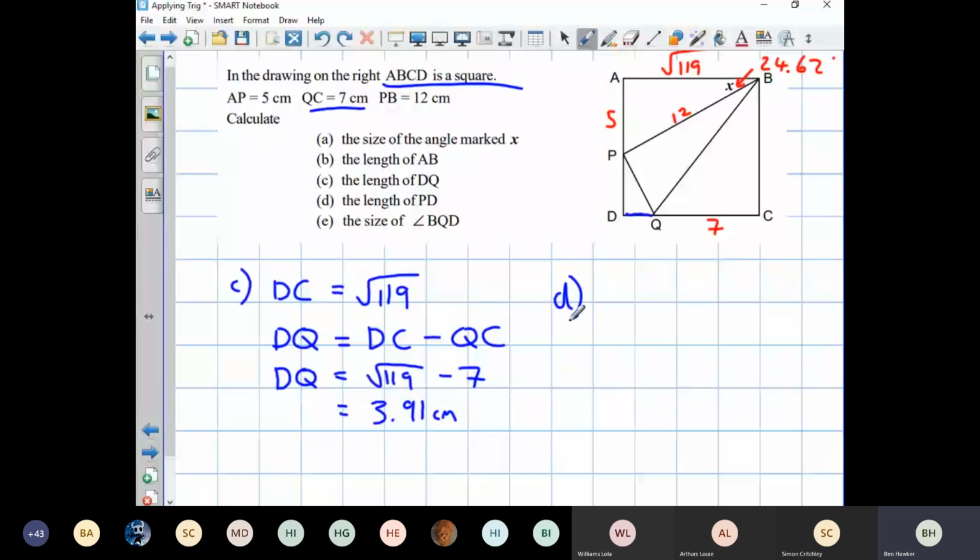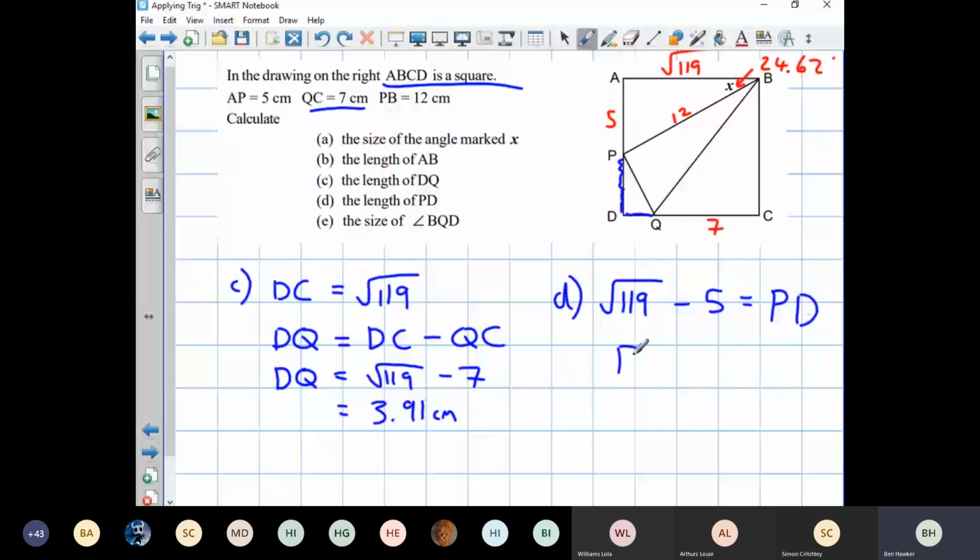D is a very similar question. This time we're looking for PD. Once again, I'm not going to write out the side lengths, but the full side is going to be root 119. We subtract 5. Once again, if we wanted exact form, we'd just leave it as root 119 subtract 5, say if we were going to use that for future calculations.